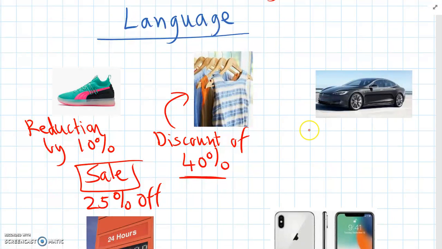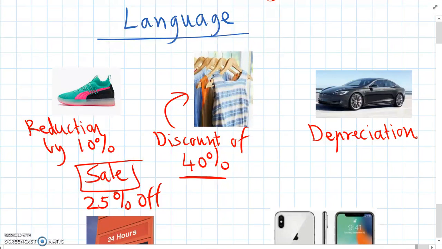Another term that you might not hear about that means a reducing price is called depreciation. And when something depreciates, that means when you buy it, the price goes down over time, how much it's worth. And this often happens with expensive things like cars and TVs, most big products, particularly electronic goods.